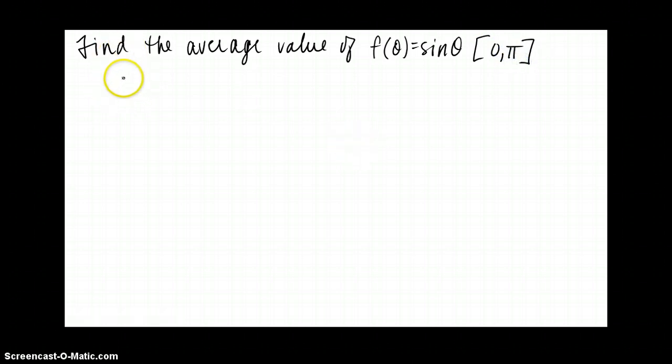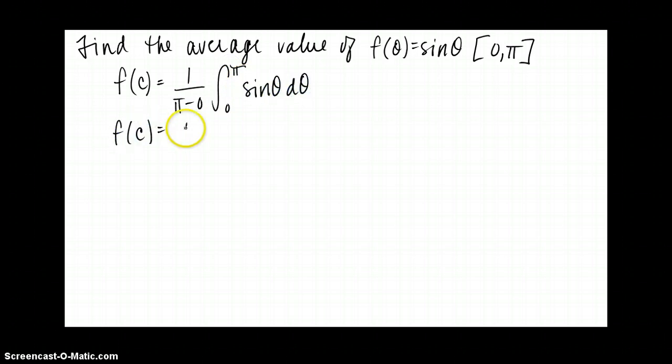So average value, 1 over b minus a times the integral from a to b of the given function. So 1 over pi, antiderivative of the sine function is negative cosine of theta between 0 and pi.